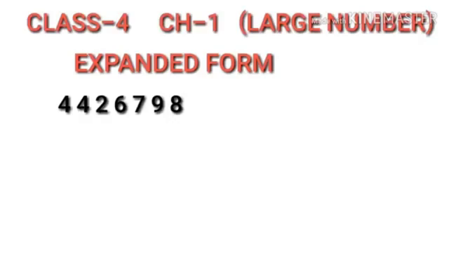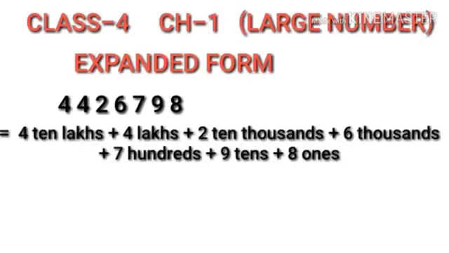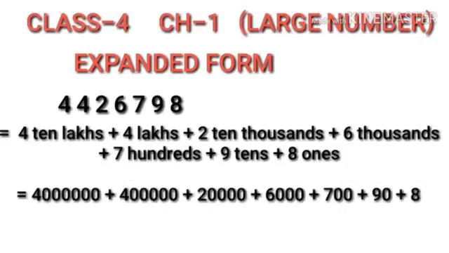Let's take another example of a 7-digit number, that is 44,26,798. The expanded form will be written as 4 ten lakh plus 4 lakh plus 2 ten-thousands plus 6,000 plus 700 plus 9 tens plus 8 ones, that is equal to 44,26,798.